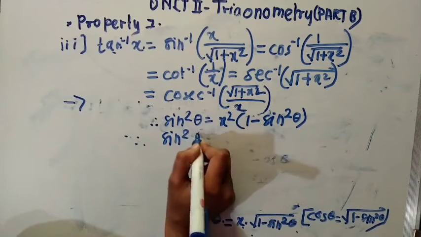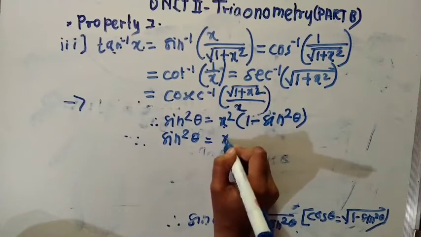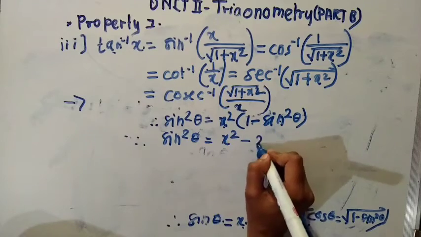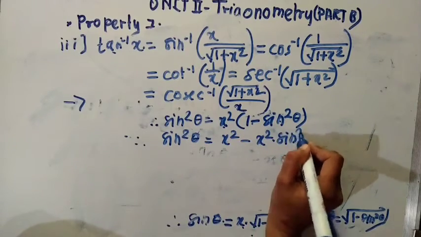The root square cancels. Then solve the bracket: x square minus x square into sin square theta.